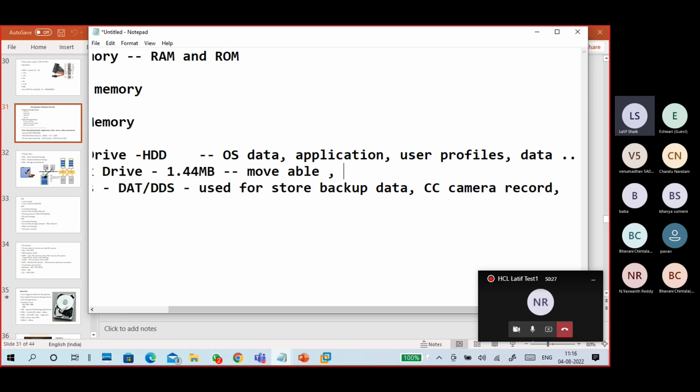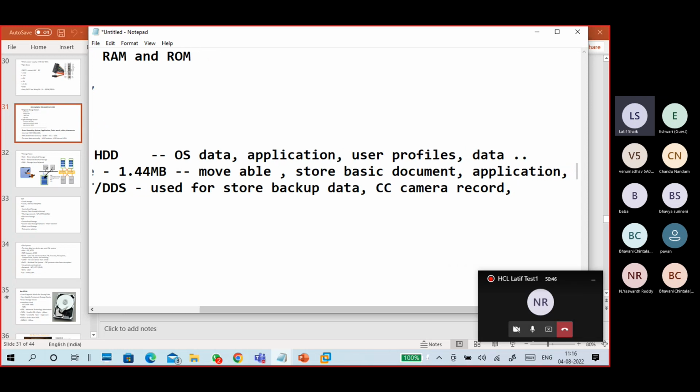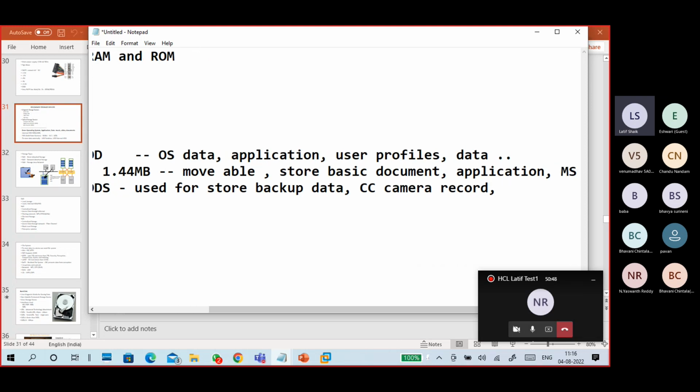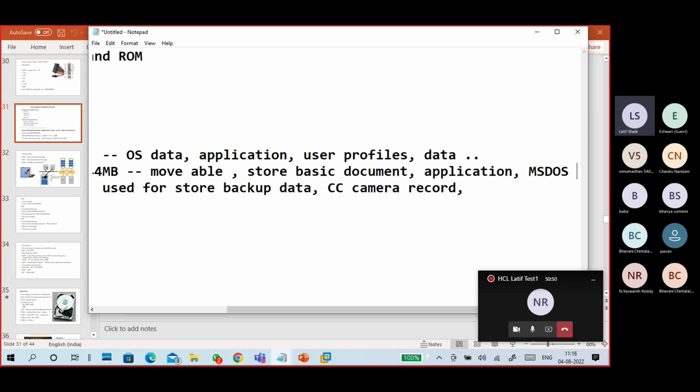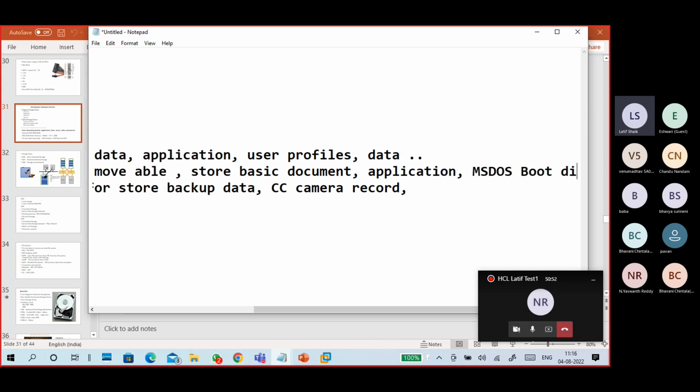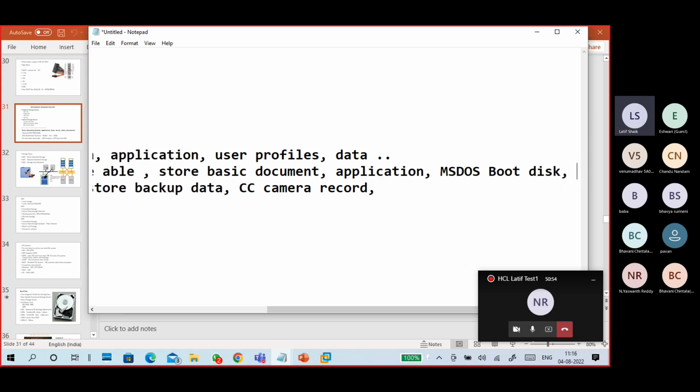You can usually store basic documents, some small applications. This is also used for an MS-DOS boot disk, Microsoft DOS boot disk.